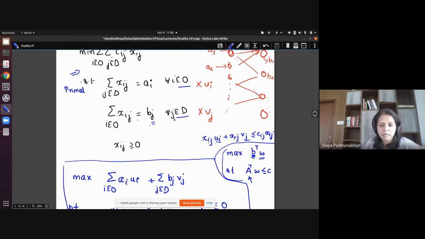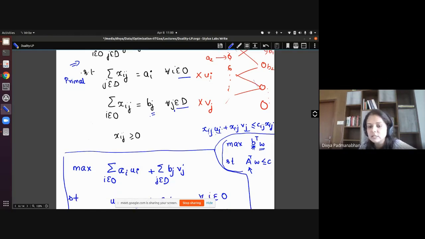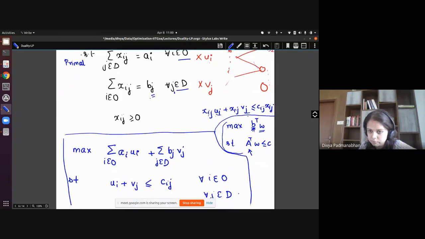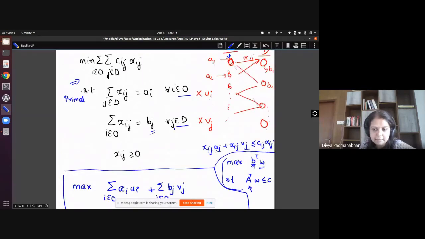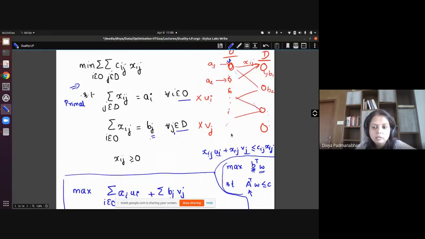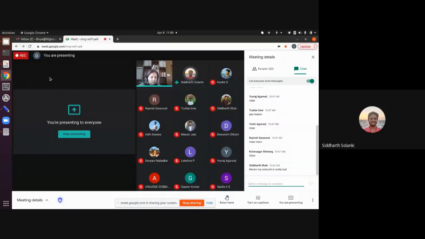This xij comes up with the multiplier vj. So the coefficient is just ui plus vj, and that should be less than cij. Okay, so is it clear now? Yes, ma'am, it's clear.